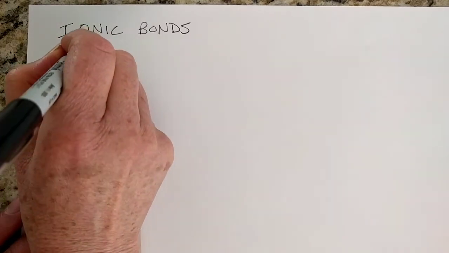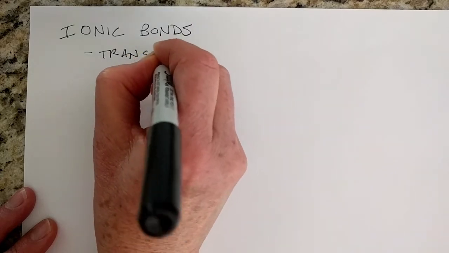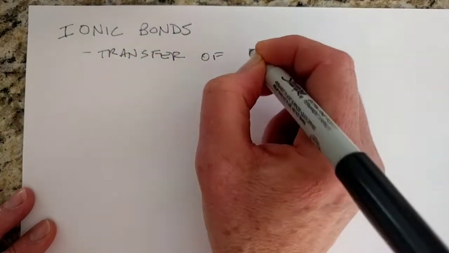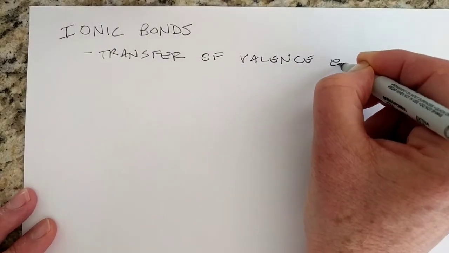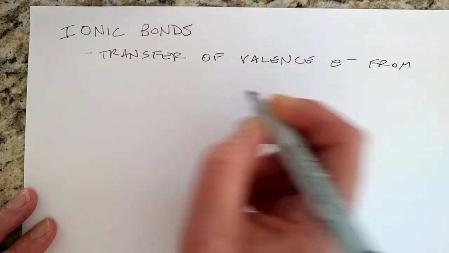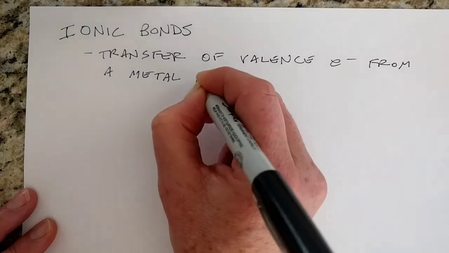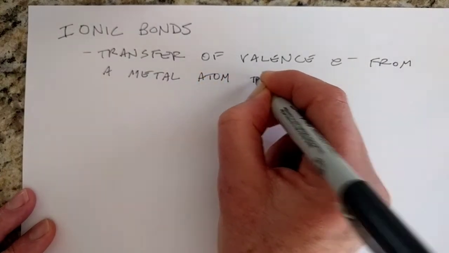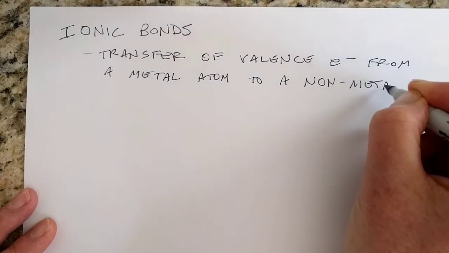All right, and then lastly, we're going to look at ionic bonds. As we learned before, to make an ionic bond, we have a transfer of valence electrons from a metal atom to a non-metal atom.